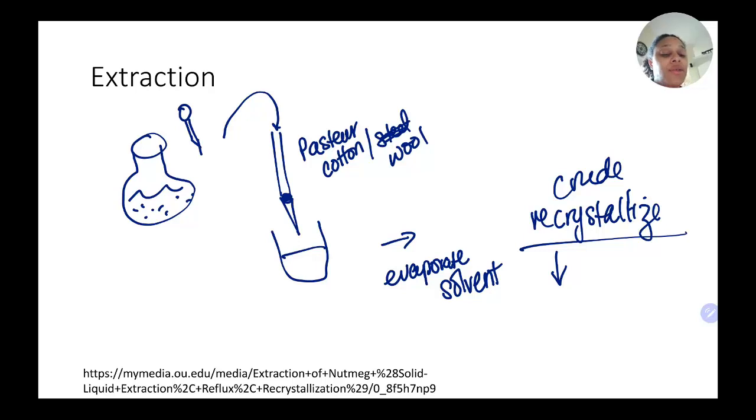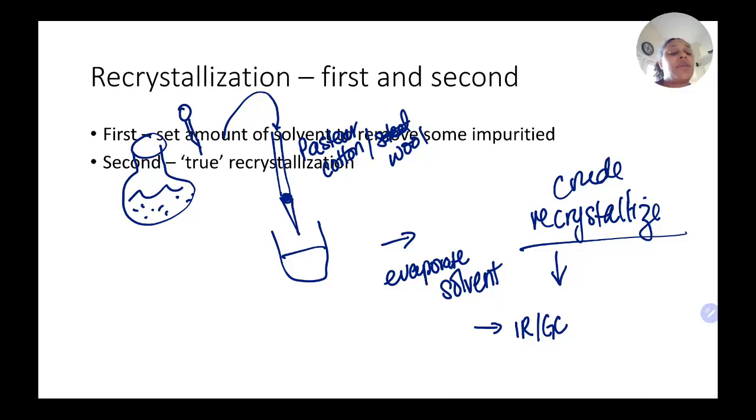So you're going to get this crude material in your notebook. You're going to find your IR and GC data, any of your spectral data, directly in your notebook. But the first week you're really going to extract, evaporate solvent, and then recrystallize. And so for our next video, we'll talk about a small amount.